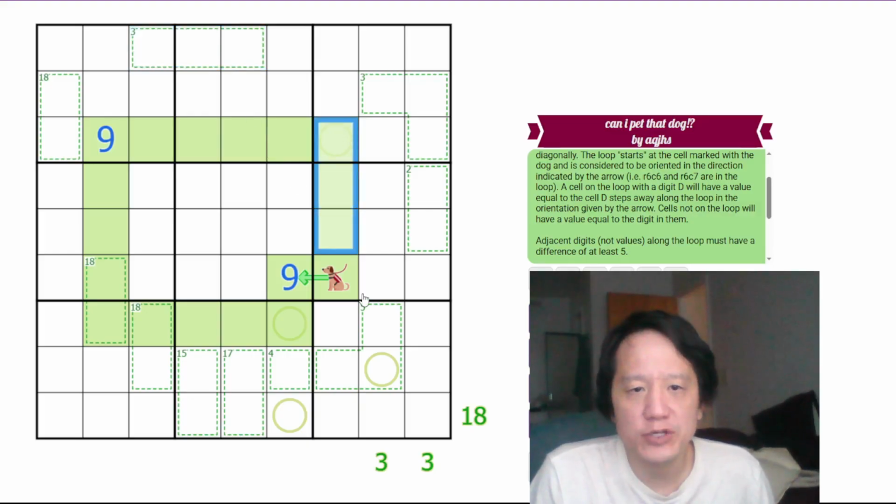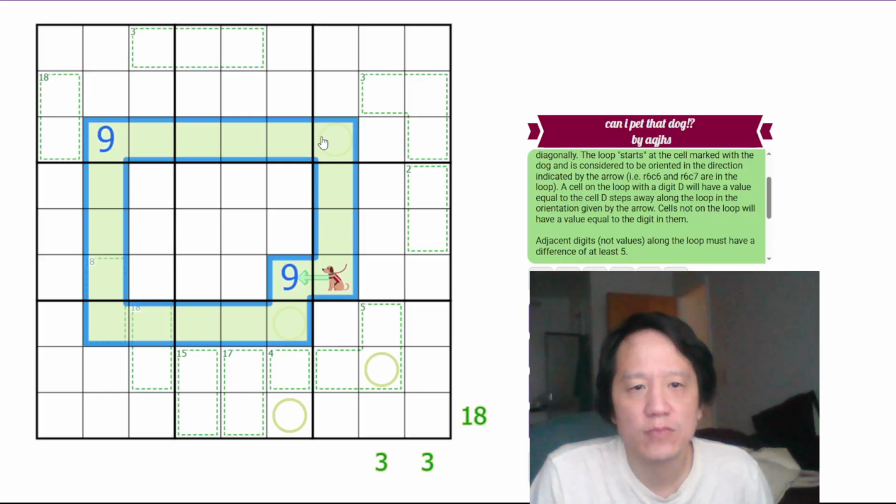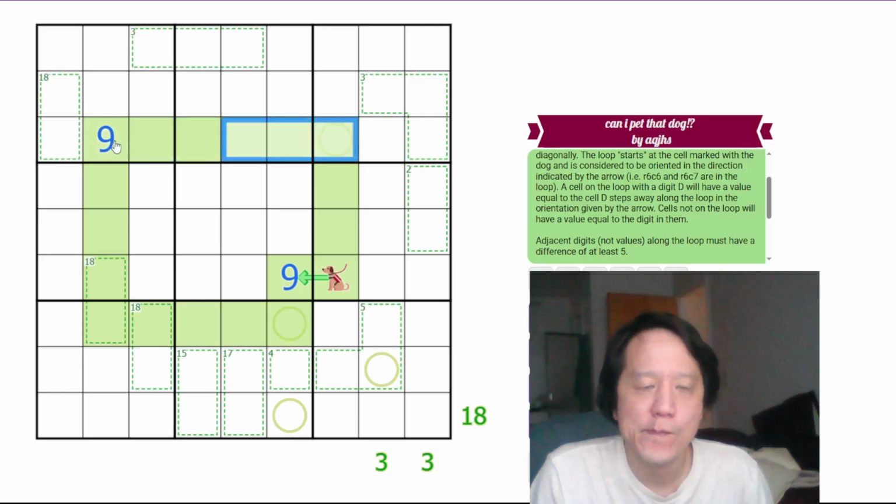The only difference is that the value of a cell on the loop is the value of the cell that is n steps away, with n being the digit in that cell.